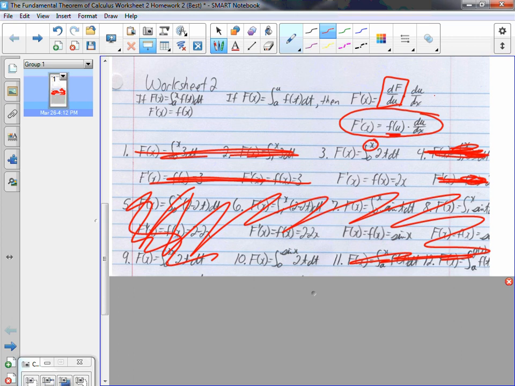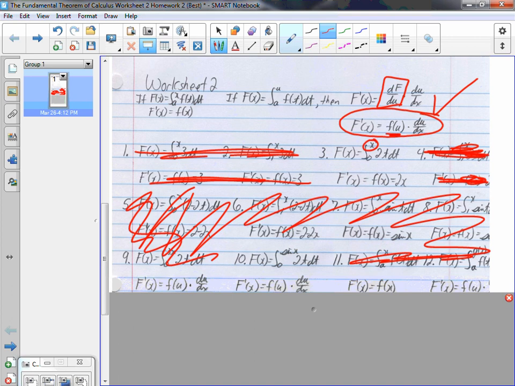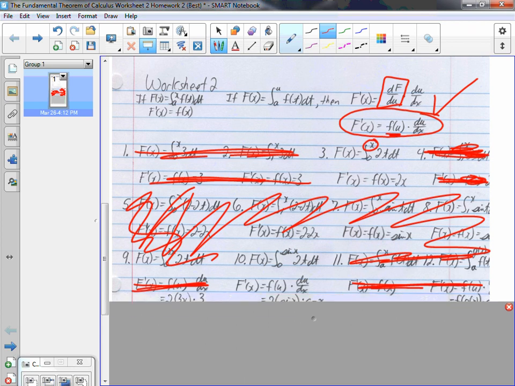According to this right here, capital F prime of x equals f of u times the derivative of u. So, if u is the sine of x and f is 2t, what's f of u? 2 times the sine of x.